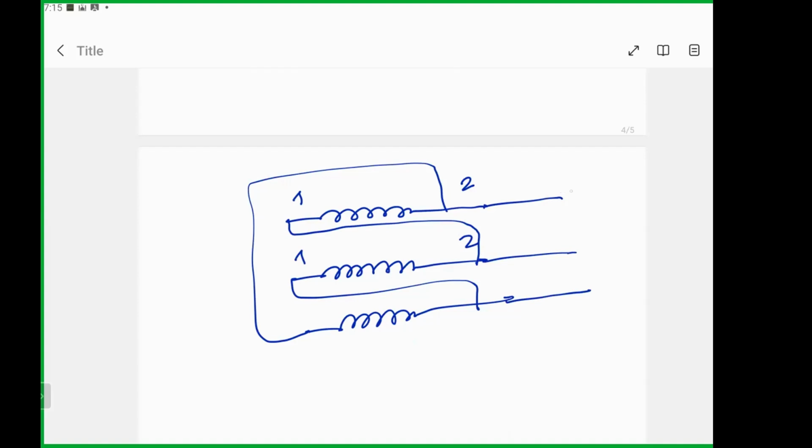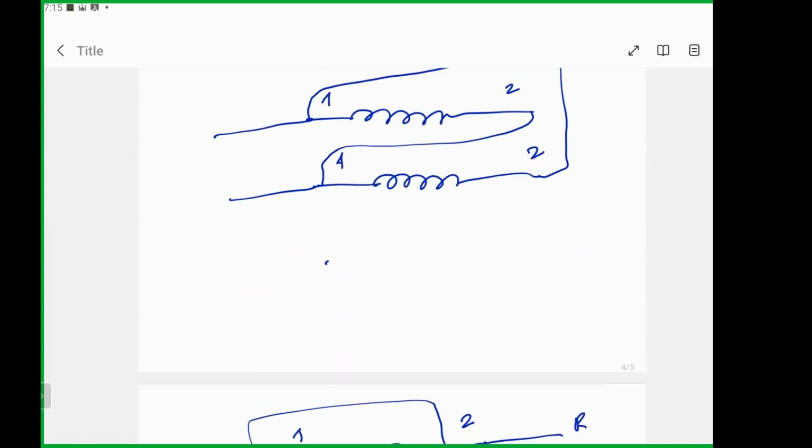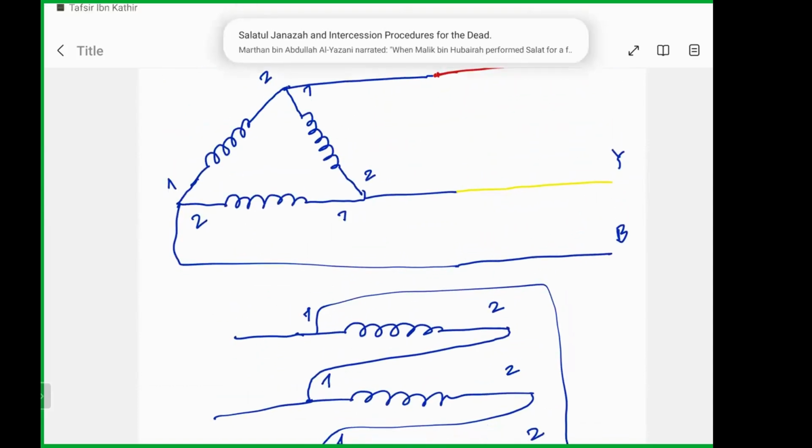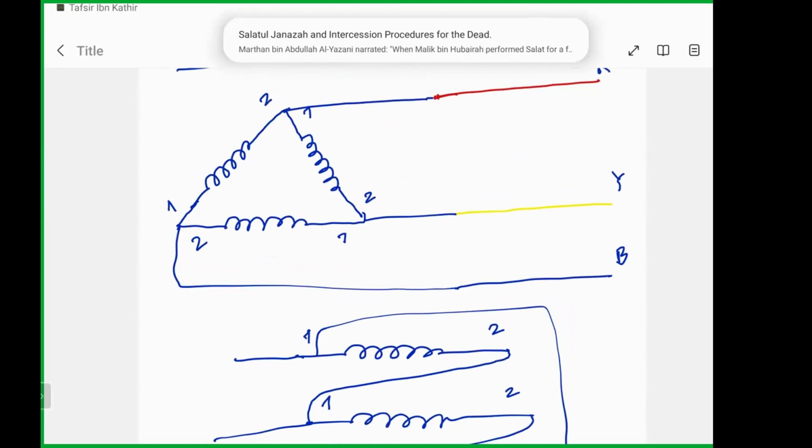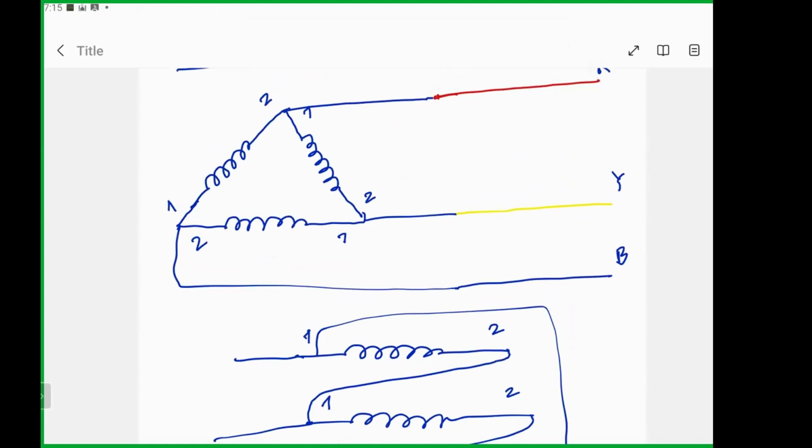So this will be R, Y, B. Depending on the requirement, you can make this kind of connection, but both are similar as shown here. Can you identify the different voltages? How will you mark the phase voltage, line voltage, phase current and line current?